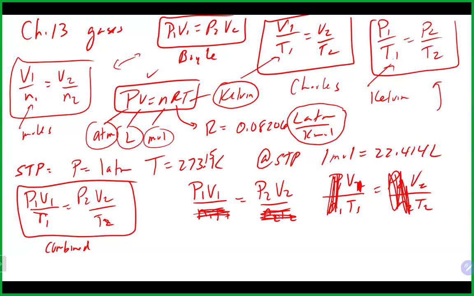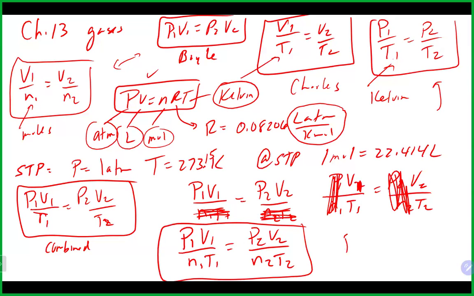Whatever's not given to you or not mentioned or held constant, you just scratch it out and you'll get it. So as I said last time, if you remember this one, and you remember the ideal gas law, which is pretty much like this one in a sense, you will be able to get to all the gas laws that you would need very quickly.